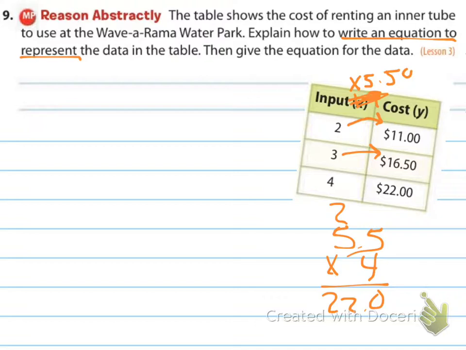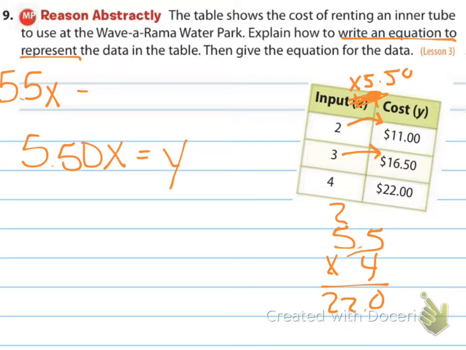So the equation I have is 5.5 times x, or you can have $5.50 times x equals y, or y equals 5.5x or 5.50x. All right, so this is our equation for the data.